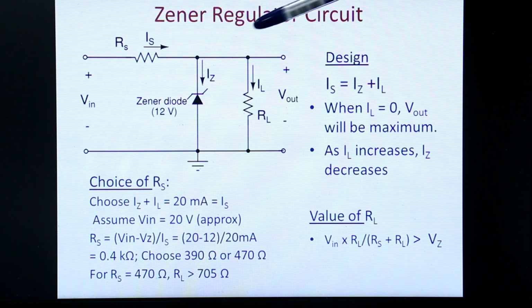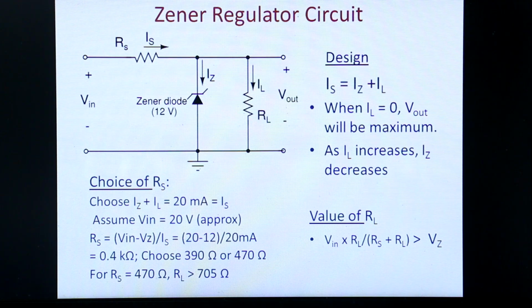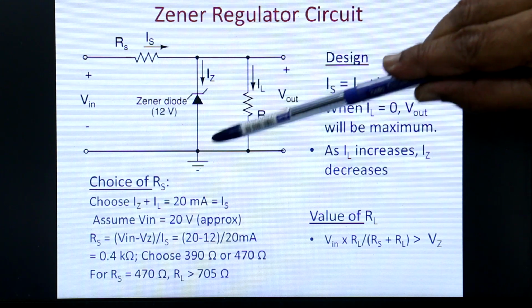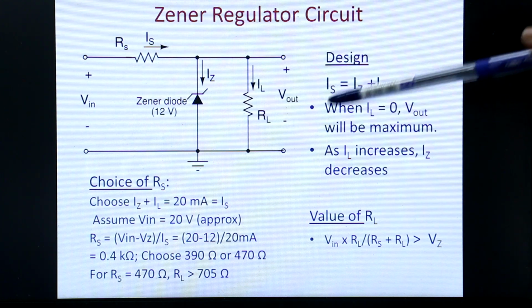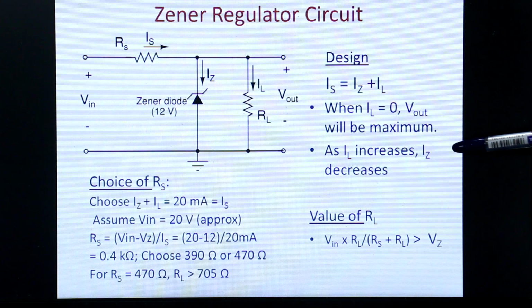So if you are modeling this particular 12 volt Zener, you can think of putting a 12 volt battery in series with roughly, say, 100 ohms resistance. So you would see that as the current through the Zener path increases, the output voltage will also increase. This is something very important.